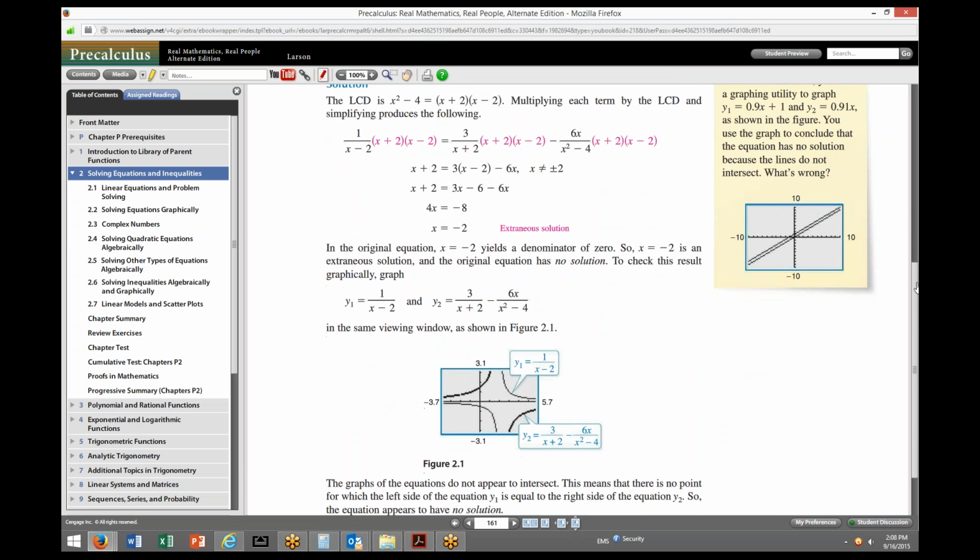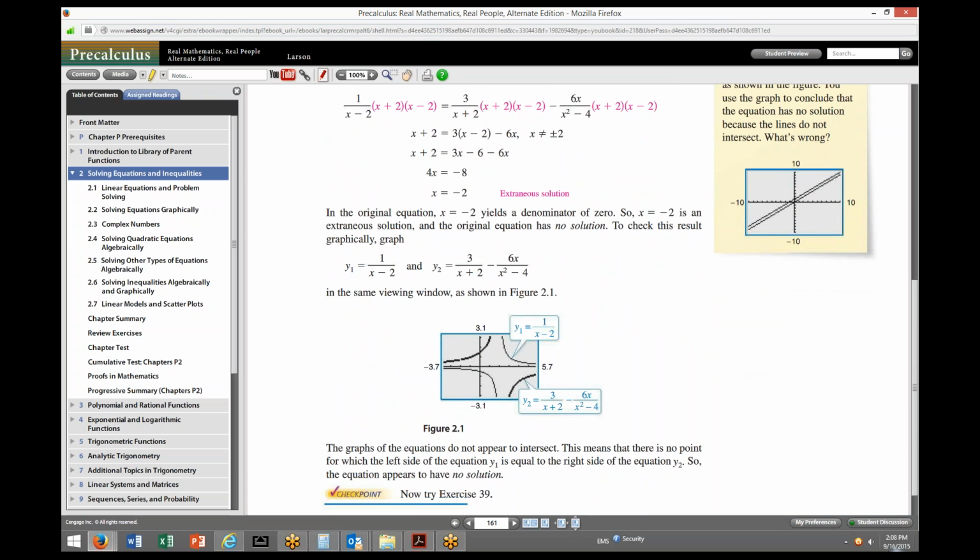So that's an example with an extraneous solution where you multiply both sides of the equation by some expression containing a variable and then follow all the correct algebra steps through and see how much x is, but then you have to come back in and plug that value for x back in the equation to see if it works.